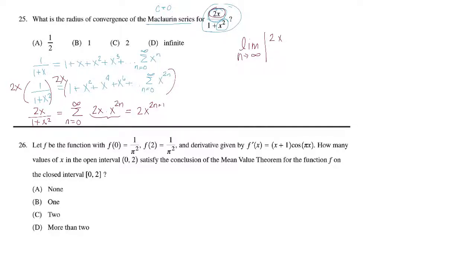And that looks a little bit better, because if we start doing our n plus 1 term, then we're going to have 2x to the 2(n plus 1) plus 1, which is really going to be 2 times x to the 2n plus 3, over 2x to the 2n plus 1.